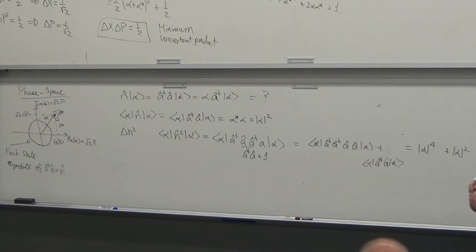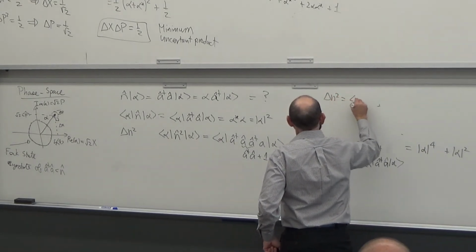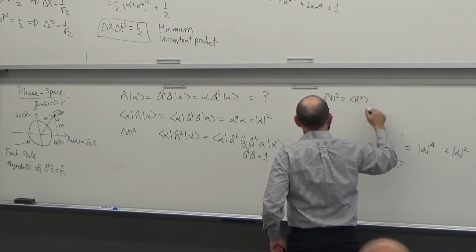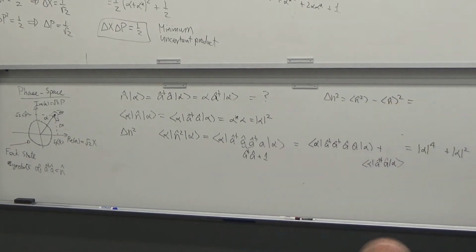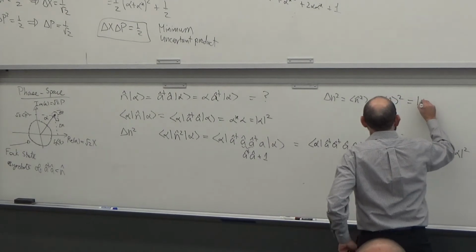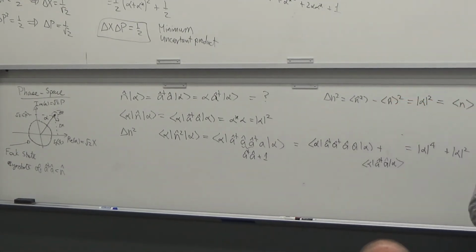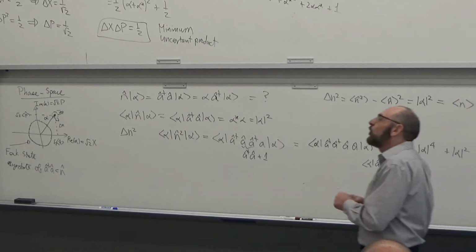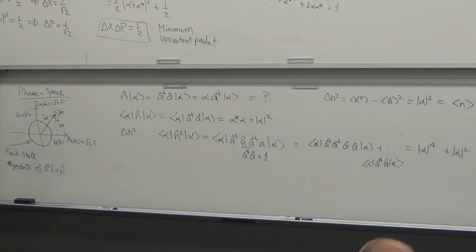So from that, we find that the fluctuation in number is what? Alpha squared, which is equal to the mean number. What kind of distribution is one where the fluctuations in number are equal to the mean number?